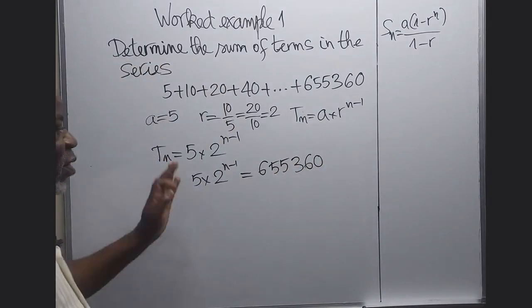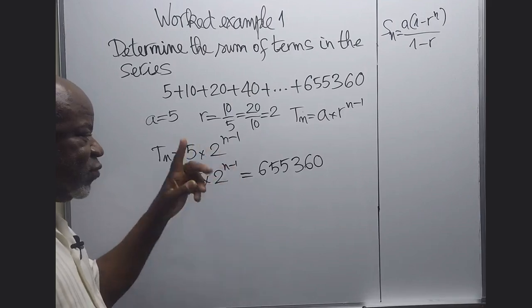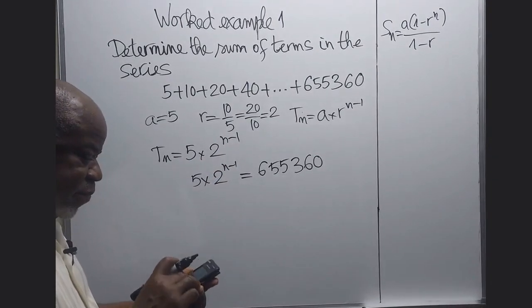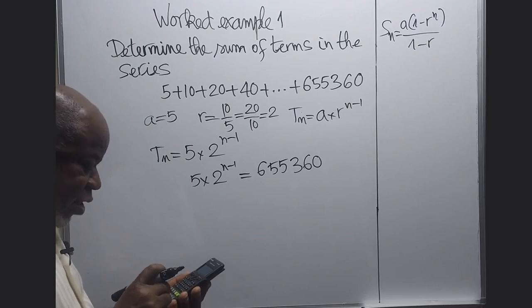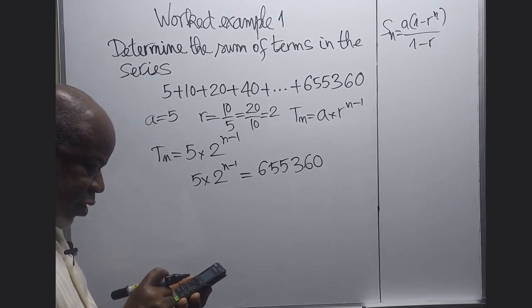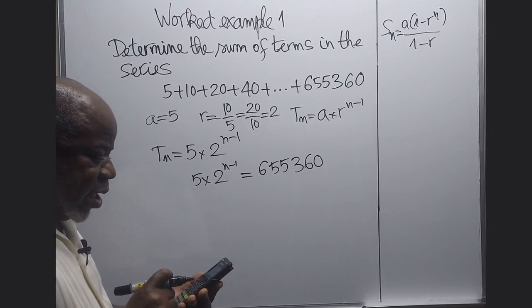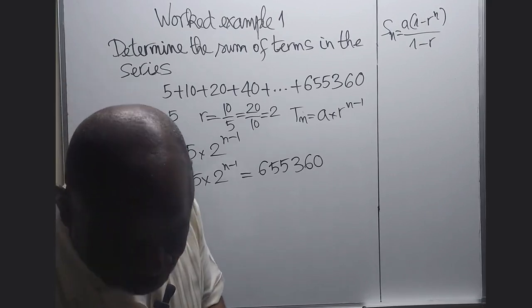We're going to divide both sides by 5, and this is going to be easy for us to get the value of n. Then using my calculator, 655,360 divided by 5, we're getting 131,072.